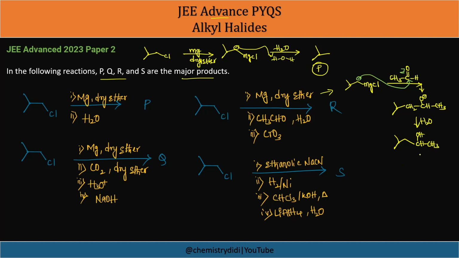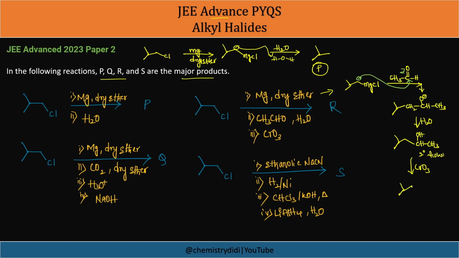Now they have given one more reagent, which is CrO3. It is an oxidizing agent, and this is a secondary alcohol, so it will oxidize it to a ketone. If it is a primary alcohol, it gets converted to an aldehyde. If it is a secondary alcohol, it gets converted to a ketone.